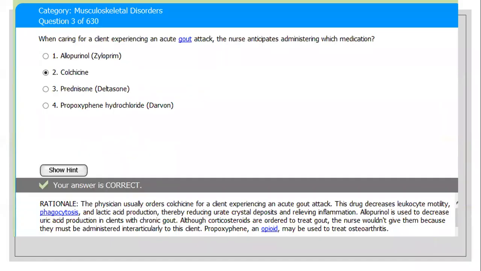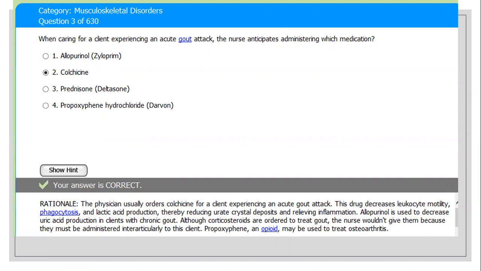What is their rationale? The healthcare provider usually orders colchicine for the client experiencing an acute gout attack. A question may come to your mind: as an RN, why do I have to know this?